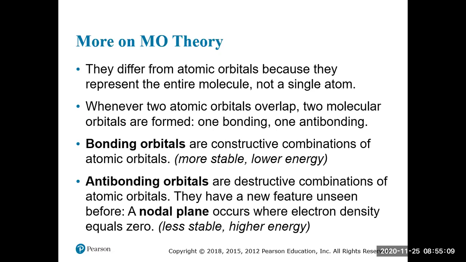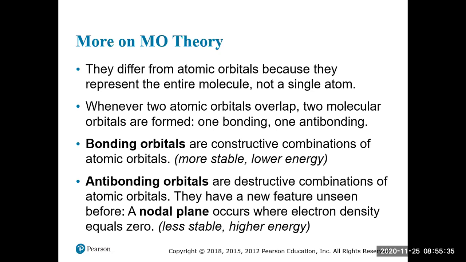And the bonding orbitals, those are what we call constructive or additive combinations of atomic orbitals, and these will be lower energy, and because they're lower energy, they're more stable. And it's those bonding orbitals that we use to tell us if a combination of atoms really is going to form a stable bond or not.